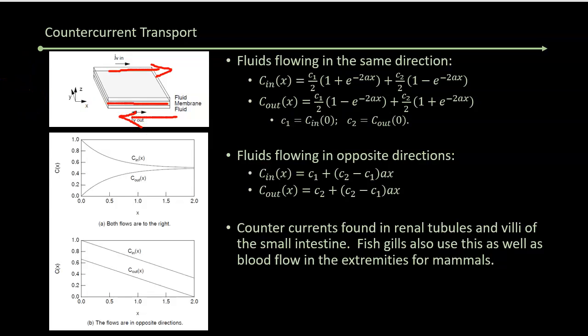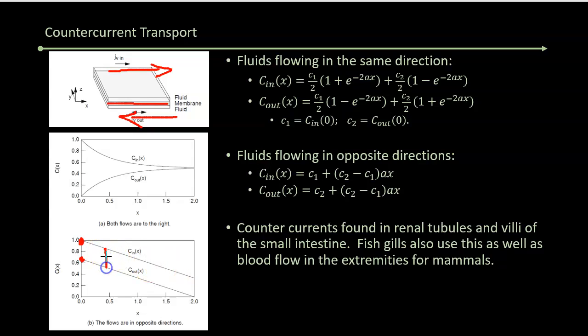Now, what happens when you're doing it this way? Imagine you're going in. As the fluid comes in that you're trying to get solutes to flow from, the outgoing fluid has already picked up a certain concentration of the solute.